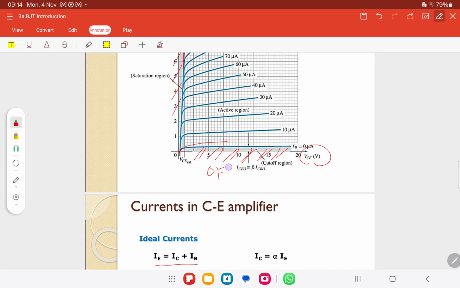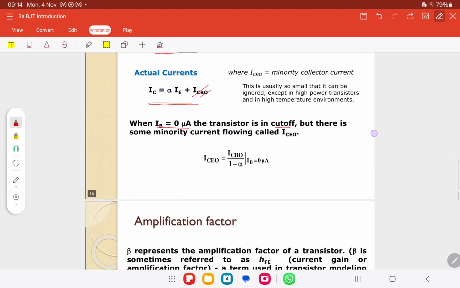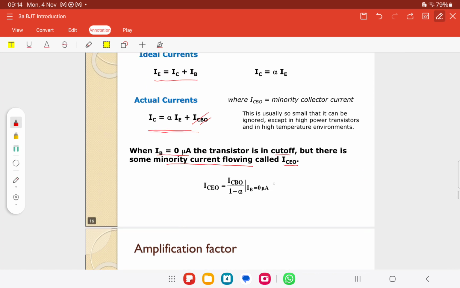Okay, in off region. But there is some minority carrier current called ICEQ, ataupun this one is consider as the leakage current. Tapi this one is a very small value, so we consider as 0. Dia macam ada tapi kita tak kira in calculation.